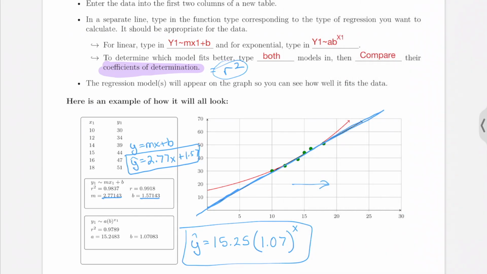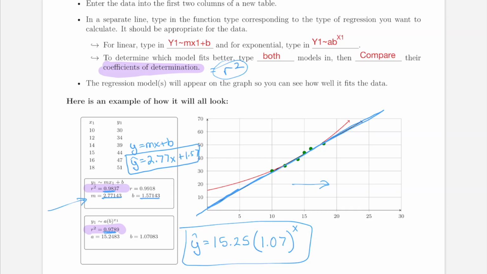And then the last thing that I do want to show you is that when we compare our r squareds, notice that the linear model is a better fit because it has a higher r squared. The r squared for the linear model is 0.98. The r squared for the exponential model is 0.97.